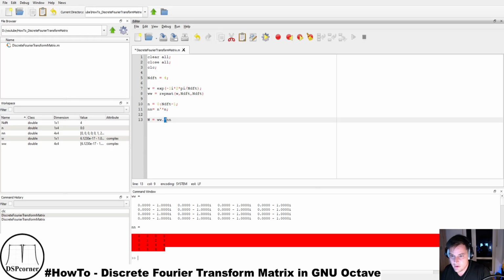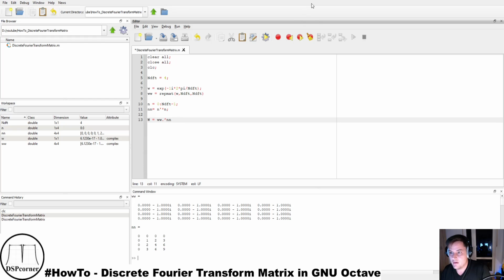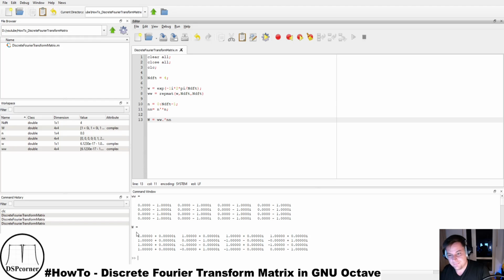Therefore, here means that we take WW to the power of NN, and with this point we indicate, okay, apply the exponent defined in NN to each corresponding element in WW. And the result will be this one here. And this is our discrete Fourier transform matrix.